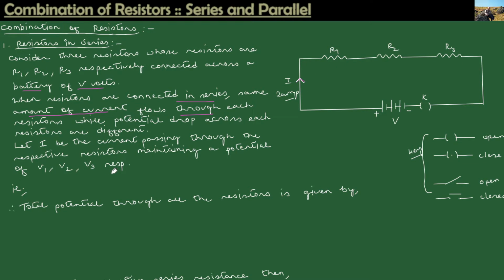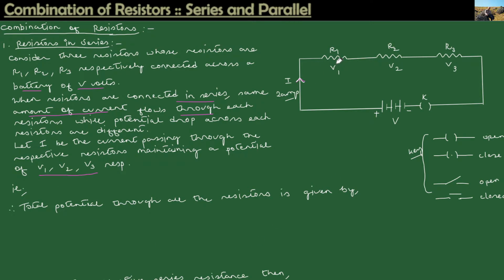But accordingly the potential difference across all these resistors will be different, which means that V1, V2 and V3 will be the potential drop across R1, R2 and R3 respectively. So the potential drop on R1 will be V1, the potential drop on R2 will be V2, and the potential drop on R3 will be V3.